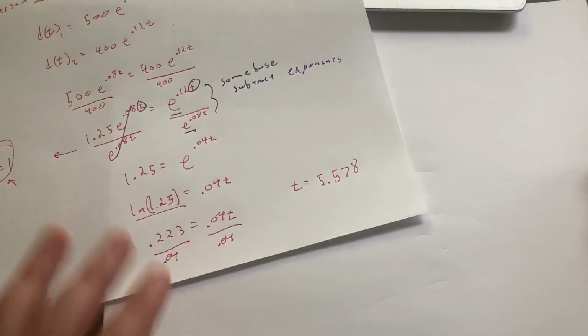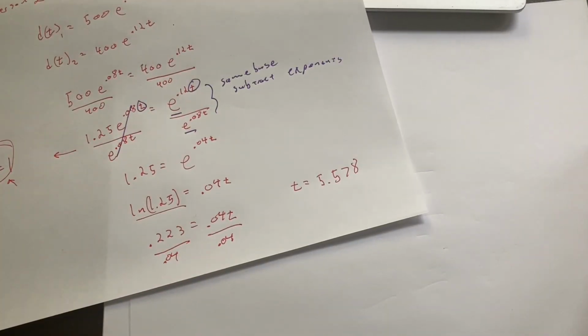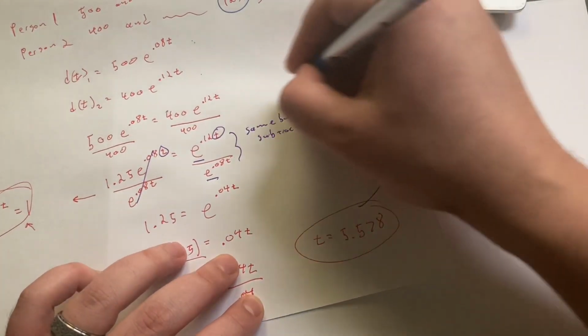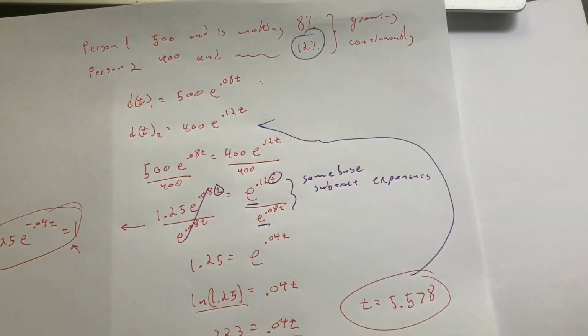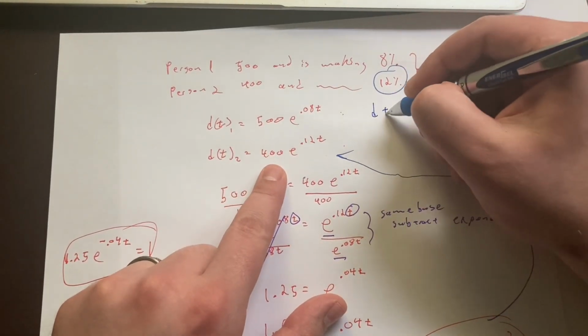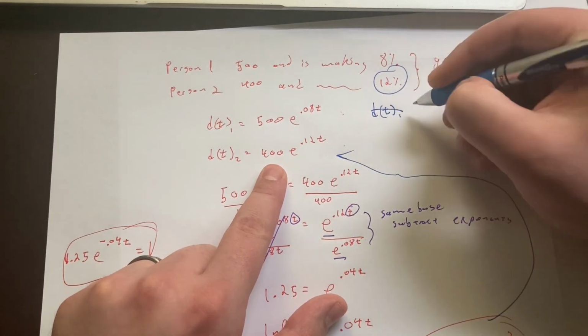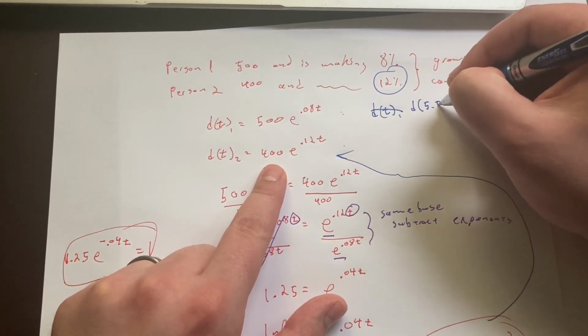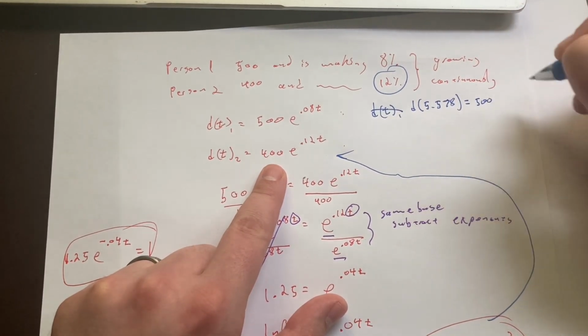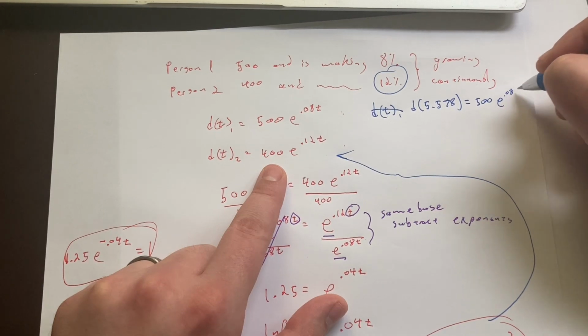There's usually a bonus part here. How much money will person 1 and 2 have when they have the same amount of money? And all you would need to do is take this value and plug that value into either one of these. So if I want to do that for D of t1, well, technically it would be D of 5.578. Then all I'm doing is plugging into my calculator 500 e to the 0.08 times 5.578.